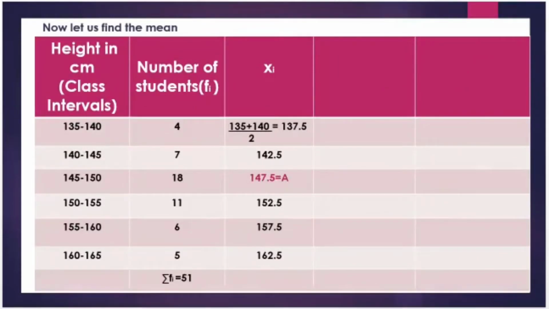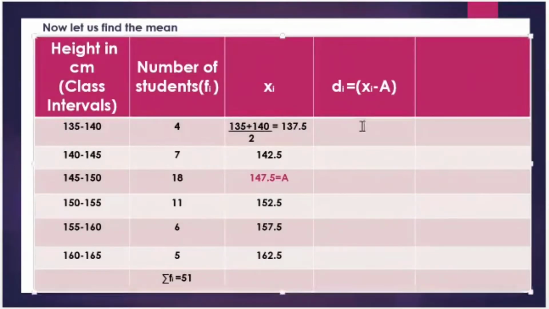Next, I find out the deviation from the assumed mean. So deviation is the difference from the assumed mean. I denote it by di, and di is given by xi minus A. x1 minus A: 137.5 minus 147.5 comes out to be minus 10. Then 142.5 minus 147.5, I'll get minus 5.